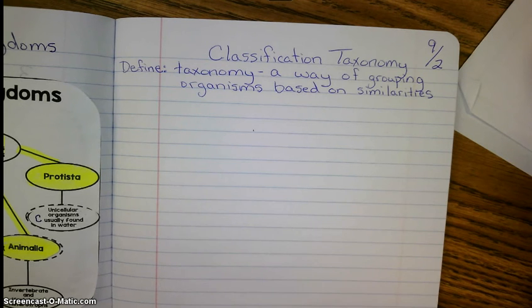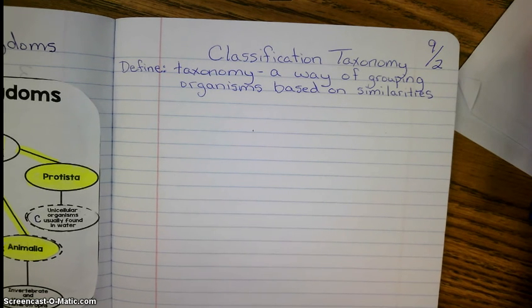I could say, are you wearing tennis shoes, or are you wearing open-toed shoes? And then of the ones maybe that are wearing open-toed shoes, I could divide them again and say, are you wearing flats or heels? I could divide them based on how long their hair is. You know, you got short hair, you got long hair, whatever. I could keep dividing. Well, we have a way in science of grouping organisms based on their similarities.